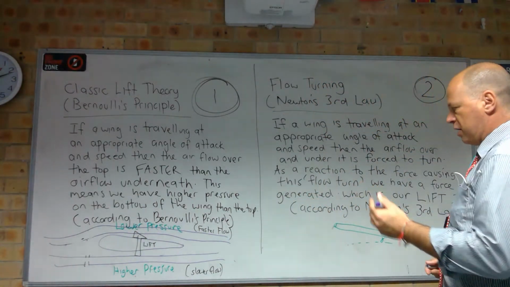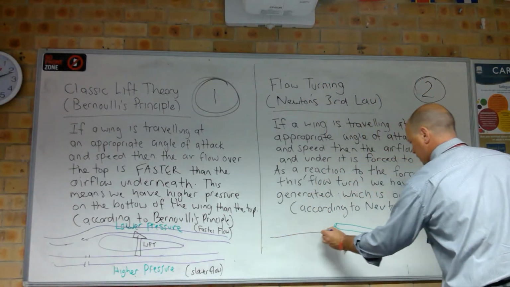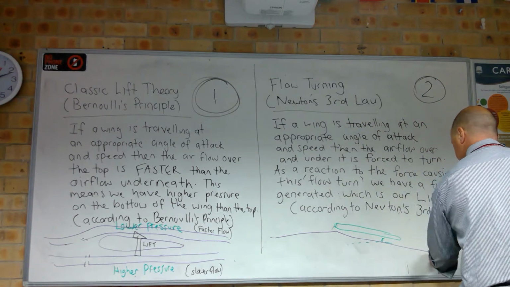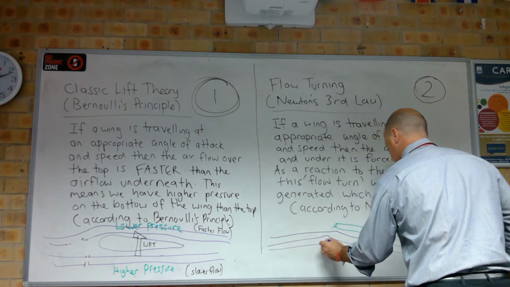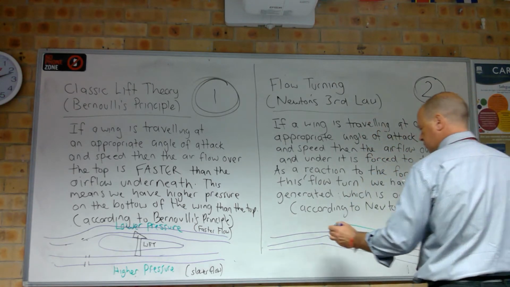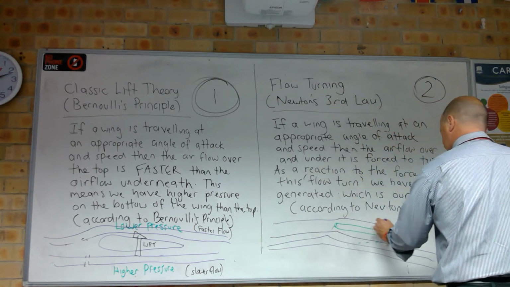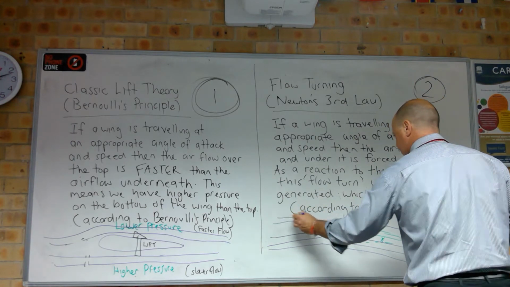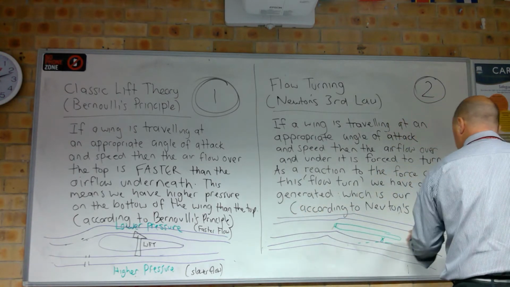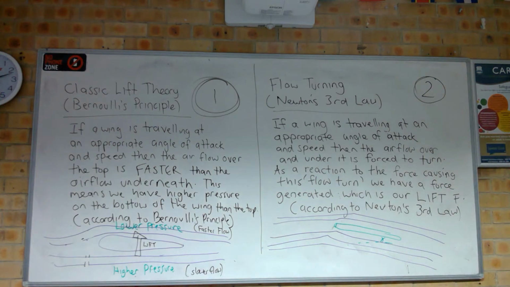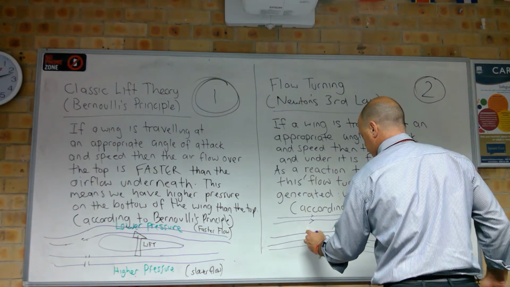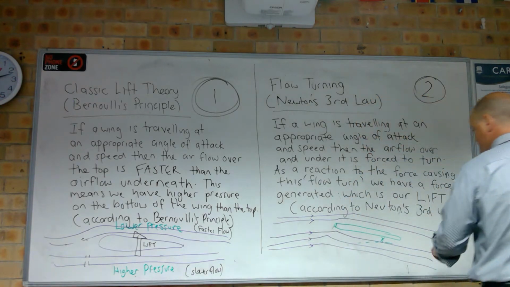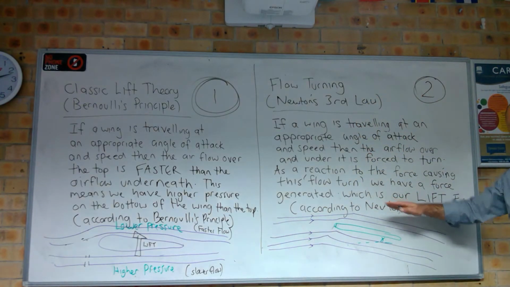So for our airflow underneath comes to the wing and it has to turn. Now over the top, like I said in the videos, that's a little bit harder to explain. Okay, so we have, obviously these are all parallel, and then when they come over here, the flow is turning.